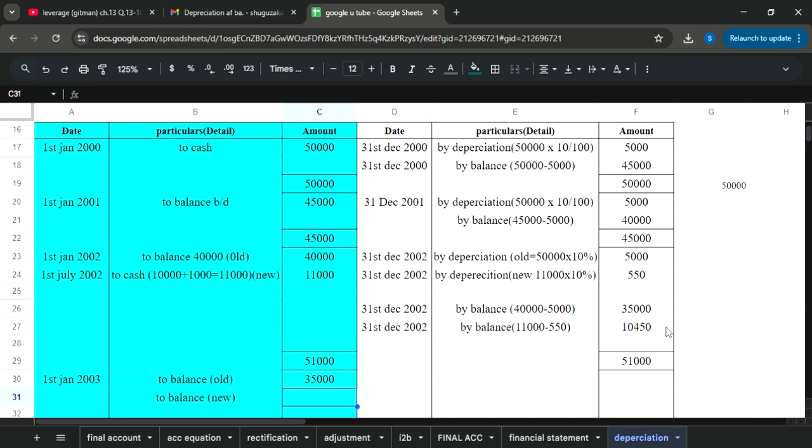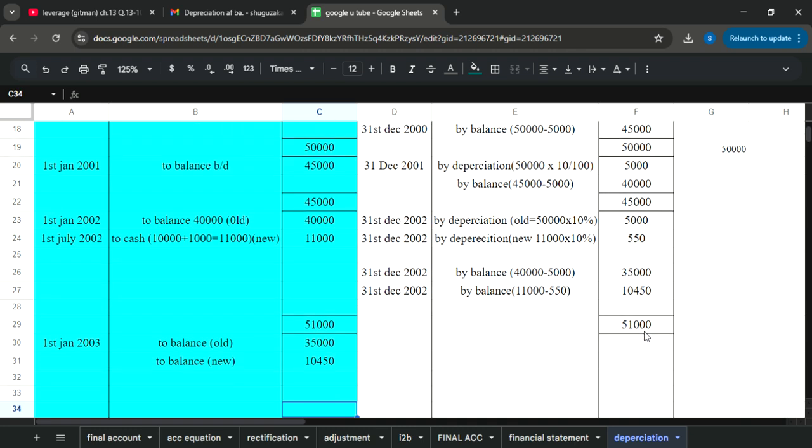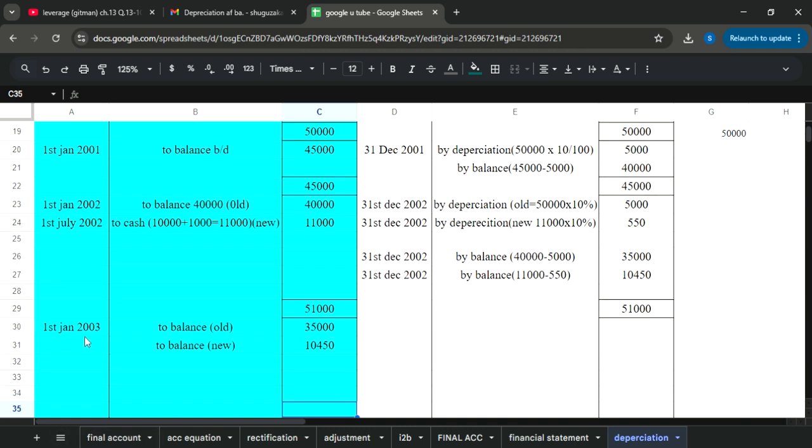And look, this was your new asset, 10,450. So have you noticed there are two balances? Date would be similar for both, 1st January 2003, 1st January 2003. Now we will be charging our depreciation for that 31st December 2003.